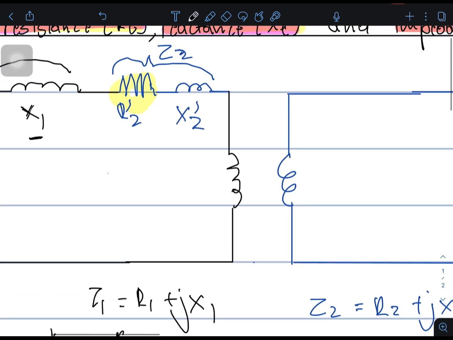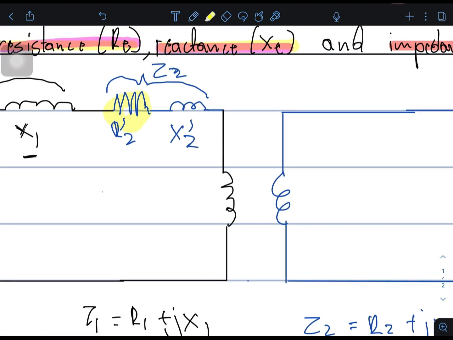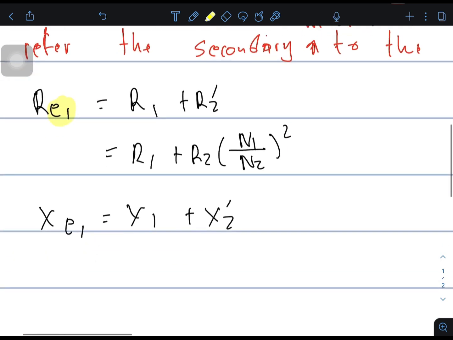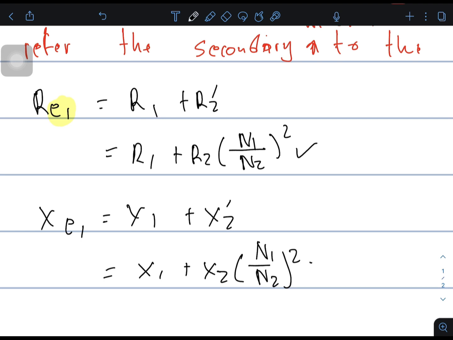It makes sense because what we did, we took a reactance and added it to the primary circuit, which is equivalent, as you have guessed, to X1 plus X2 open bracket N1 over N2 squared. Guys, this second formula, you can use it when you are given a turns ratio. When you are given a turns ratio, it is easier to use this formula.